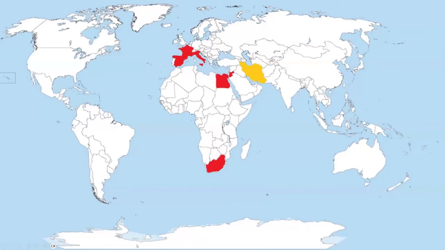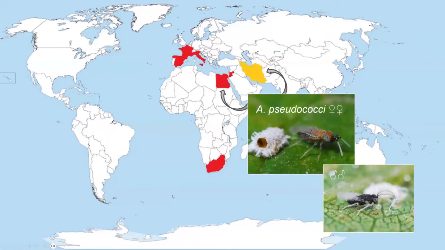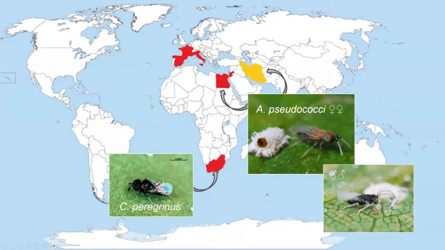So what about our classic biocontrol program? We initially imported Anagyrus psittacoxy from Egypt, Israel, and we even worked with a colleague in Iran that reached out to us. But that's in orange because that material, there were so few, we never got it out of quarantine. We got the Coccidoxinoides peregrinus from South Africa.